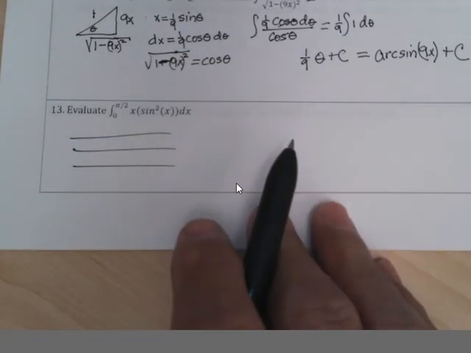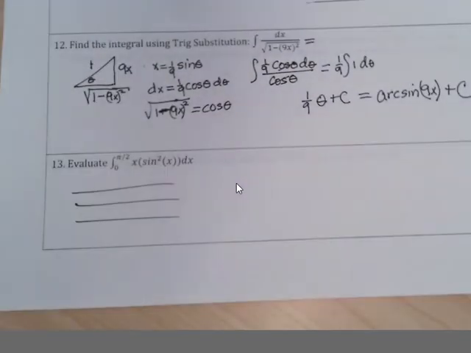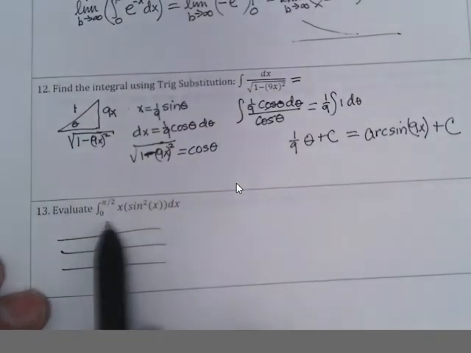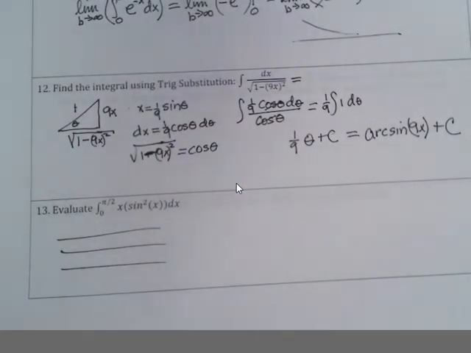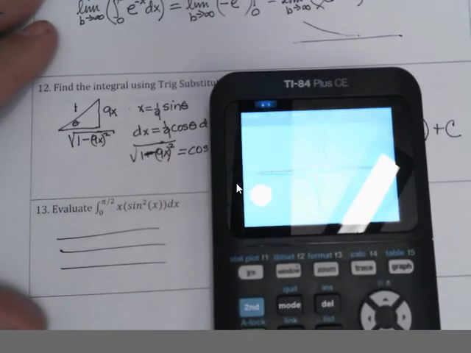Let's see. It doesn't say to do it by parts. It doesn't say to use trig sub and show all that. So I'm just going to pull out the calculator and do it that way.